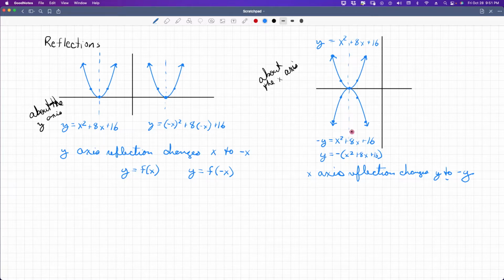Okay? All right, so the new notation would be y is equal to f of x. That's the original notation of the function that we have here. But then when we reflect it about the x-axis, it changes to negative y is equal to f of x. But we don't like that negative y, so we multiply both sides by negative 1, and y equals negative f of x.